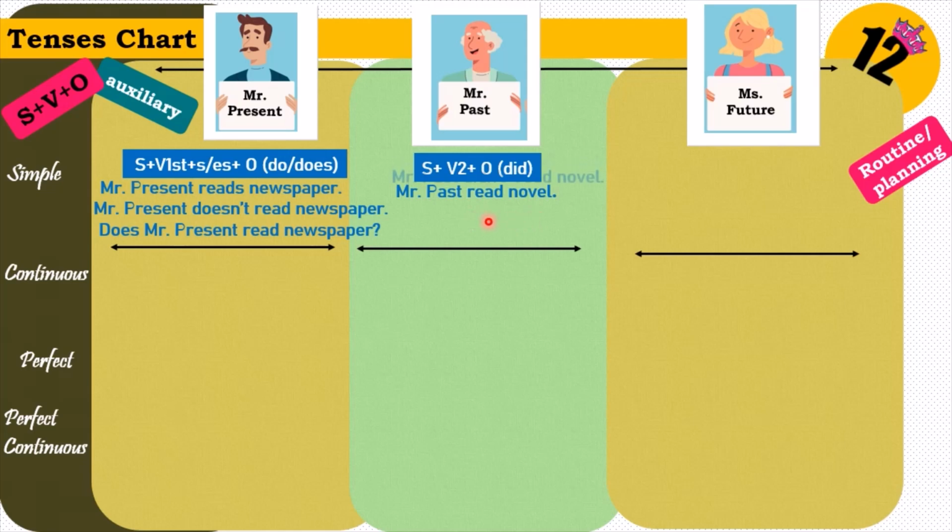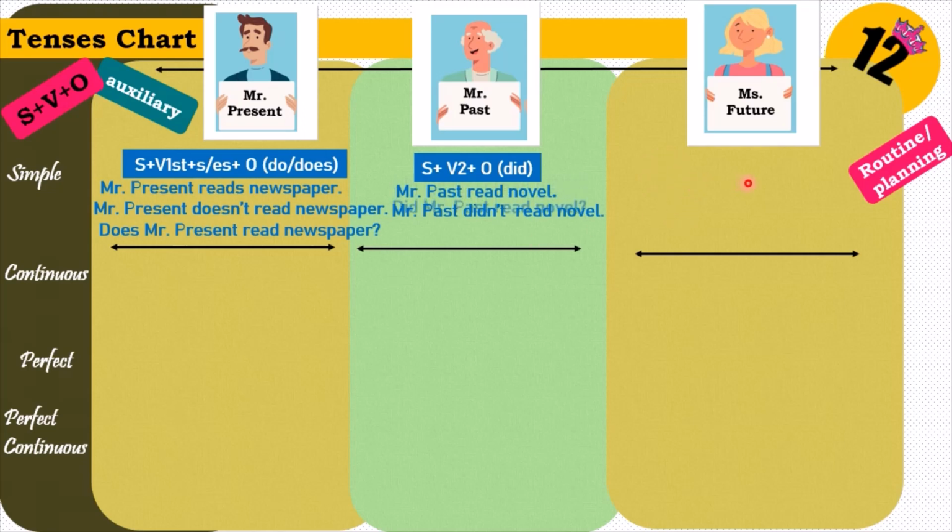Coming towards its negative sentence, we have Mr. Past didn't read novel. So in this sentence, we have placed did to form a negative sentence, but the read would change into the first form. The first form will be added with did, because in this sentence we have two verbs at the same time, so the initial verb would be changed.